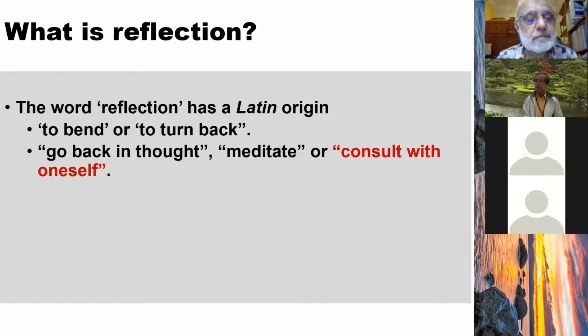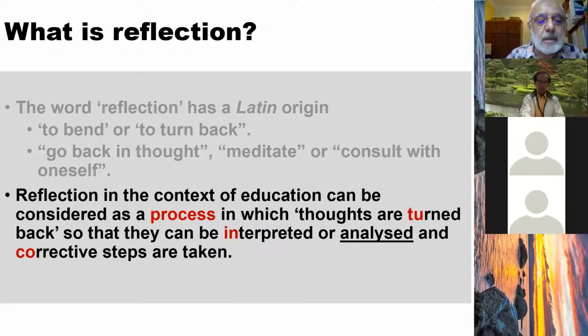Reflection is defined in a way as consulting with oneself, going back into thought, mediate thinking about an event or a situation. And it is a process. That's important to understand, that a reflection is not simply thinking, but it is a process which has its components.